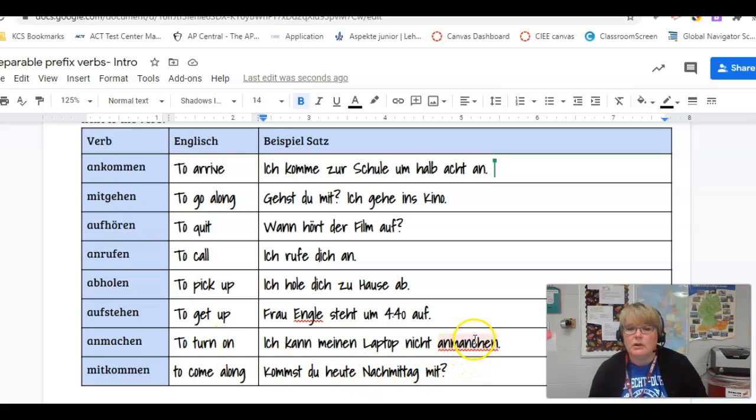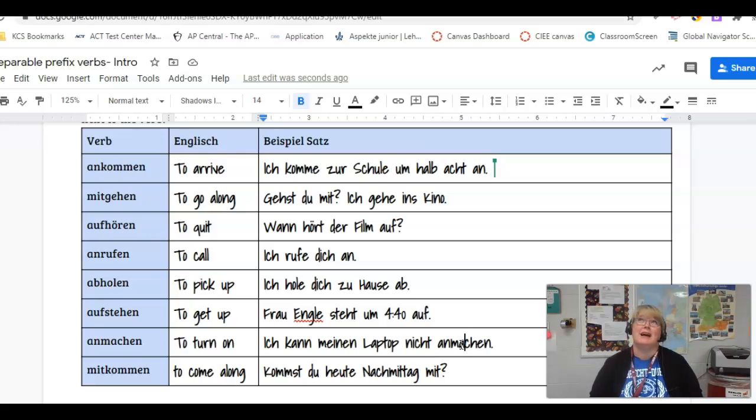That means something's wrong, and the wrong thing is that I put an N in there. Ich kann mein Laptop nicht anmachen. To turn it on. Notice that since I used a helping verb, my anmachen is all together at the end of the sentence. Okay, guys, if you wrote sentences and you want me to have a look at them, just holler. I will be happy to do that for you.